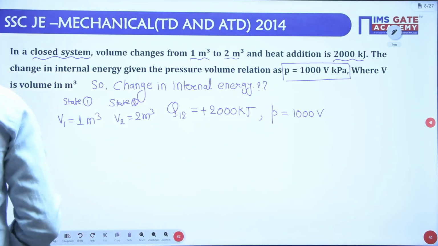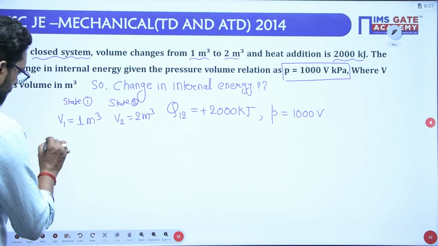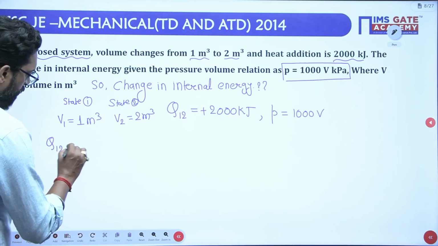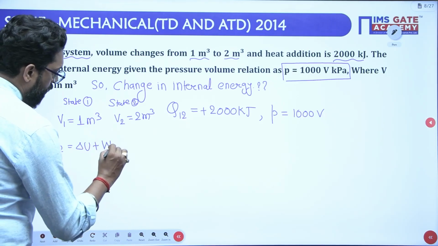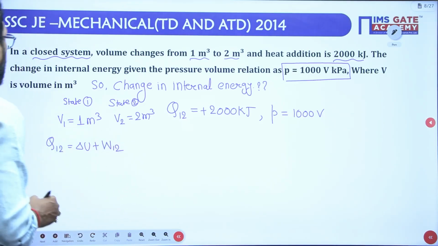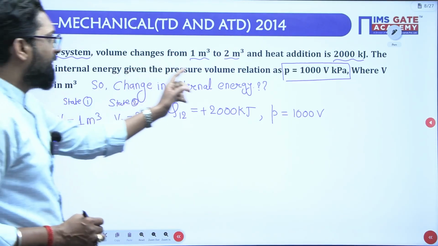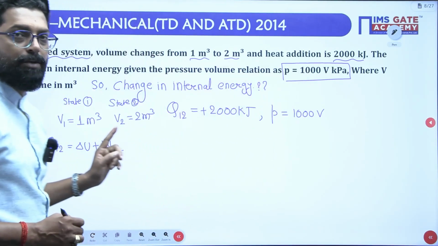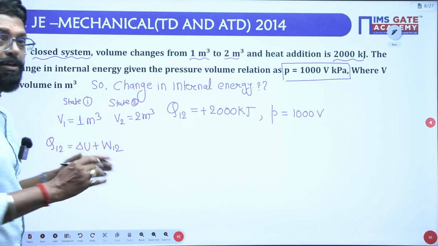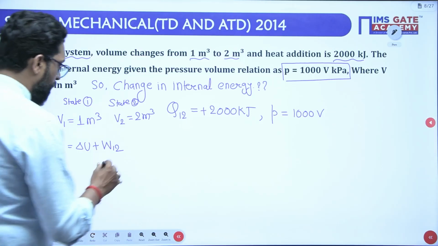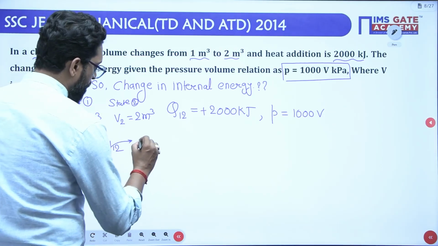So my dear, apply the first law. Heat transfer 1 to 2 is equal to change in internal energy plus work transfer 1 to 2. Now there is a closed system and the pressure volume relation is given, and if nothing else is said about the work, you can assume the process is internal reversible. So what is the work transfer?